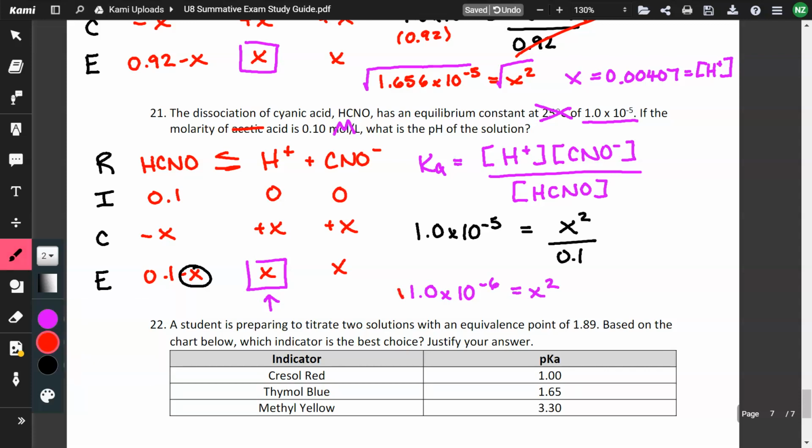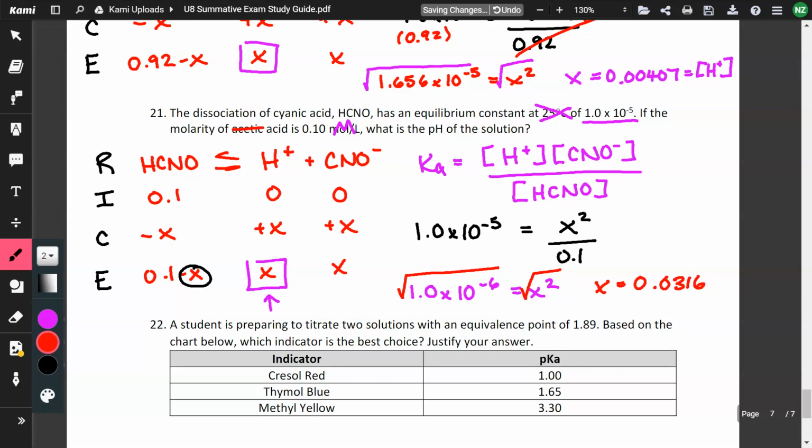I will need to take the square root of this to get an answer here. Okay, so I actually don't have this handy, so let me just pull out my handy dandy calculator. So 1e negative 6, and then we want to take the square root of that. Okay, so I get x is equal to 0.0316.